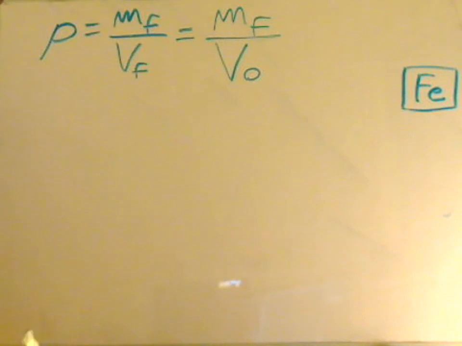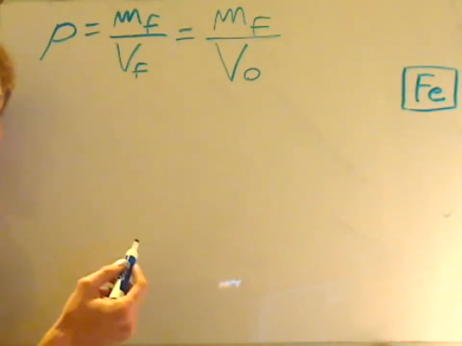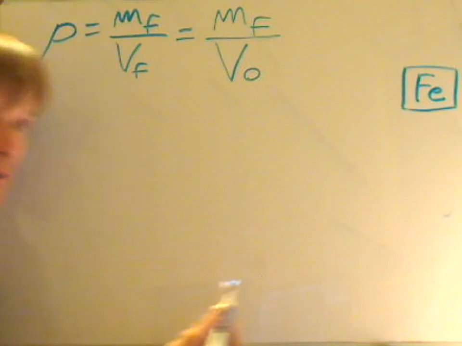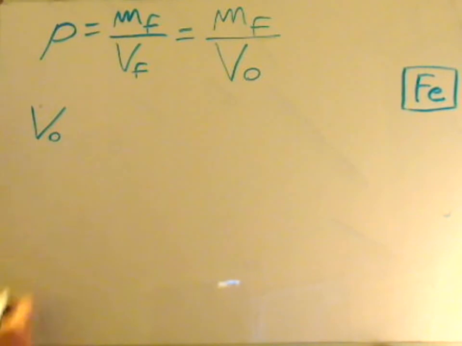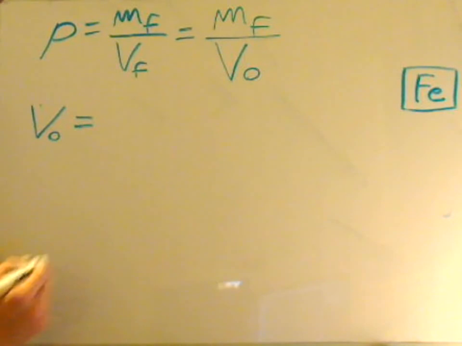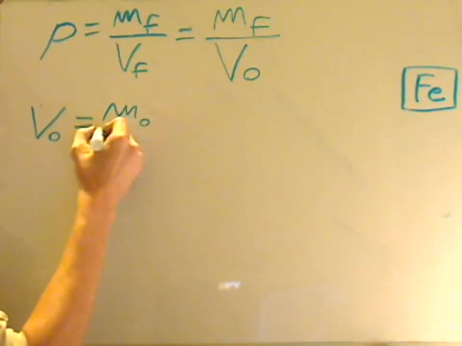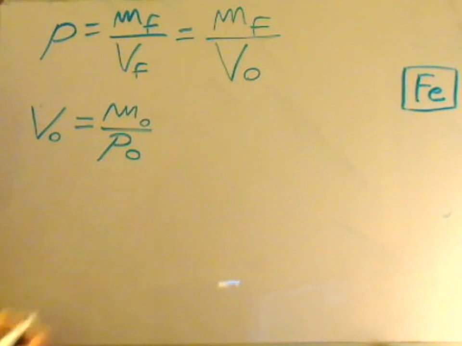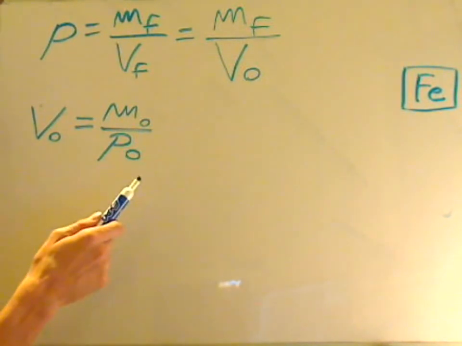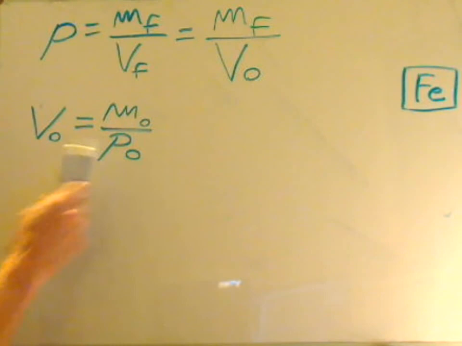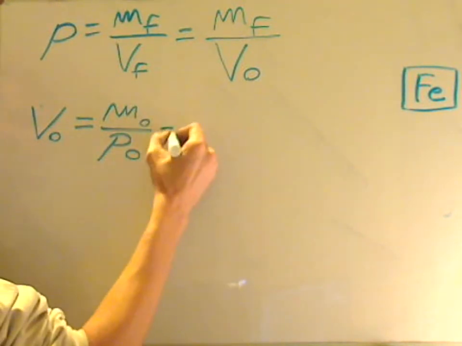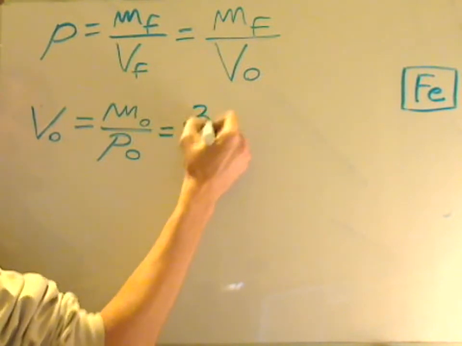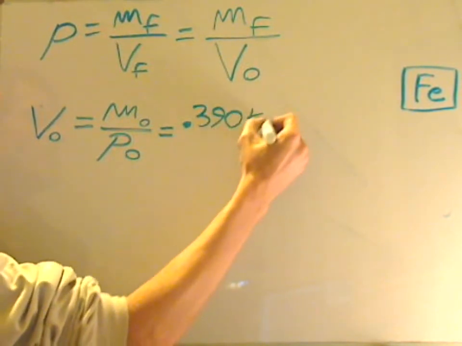Now, the volume of the object can be found from its mass and the density of iron. Because remember, density is mass divided by volume, so the volume is the mass divided by the density. The mass of our object is 0.390 kilograms. It's 390 grams.